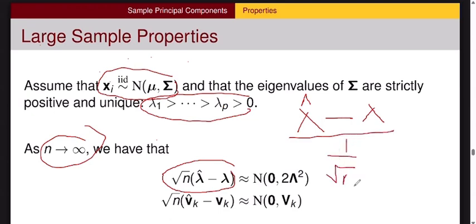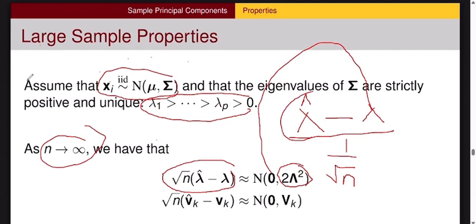This is a test statistic. For instance, I may want to test a hypothesis about an eigenvalue, a particular variance of the principal component, when the sample size is large. What we are trying to tell the world is that the mean here will be 0 and the variance is 2 lambda squared.